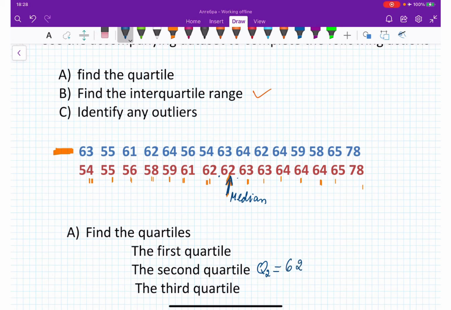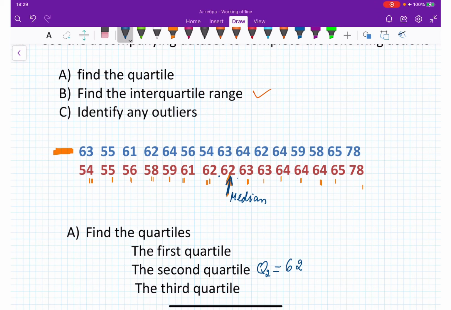62. Next, we have 7 left here. What is going to be the median for the first quartile? So what you do to find all 3 quartiles, you have to start from the median, right? And then you find the quartile for the low part and then for the upper part of the data set. Now in the low part we have another 7, right?